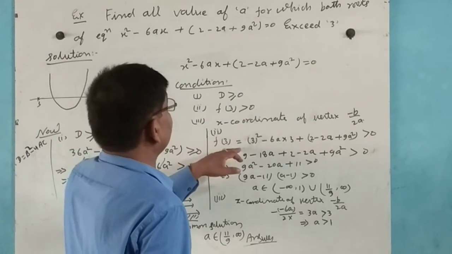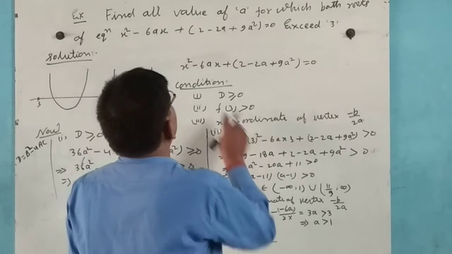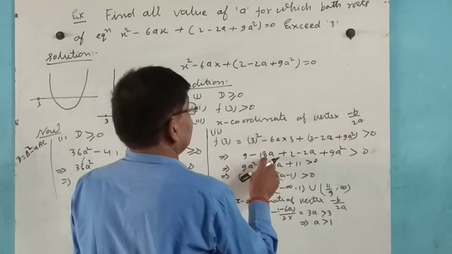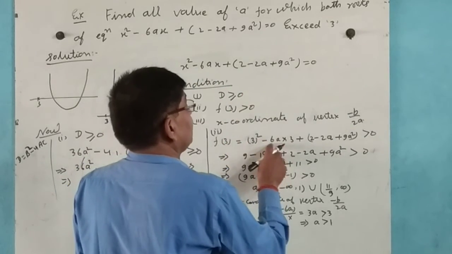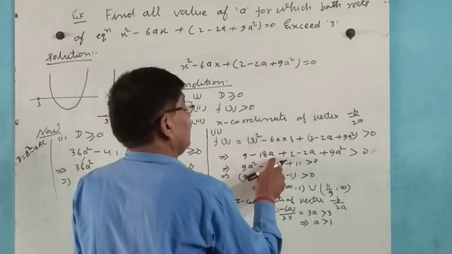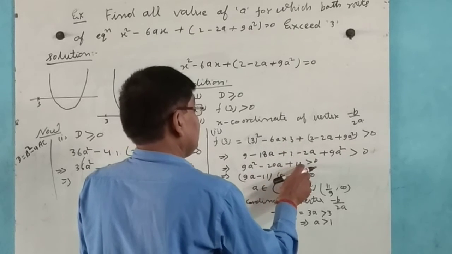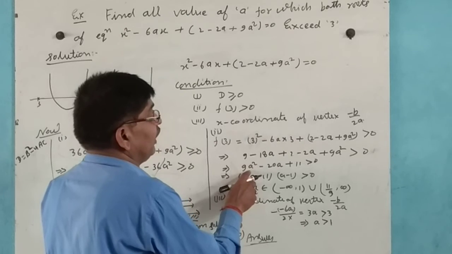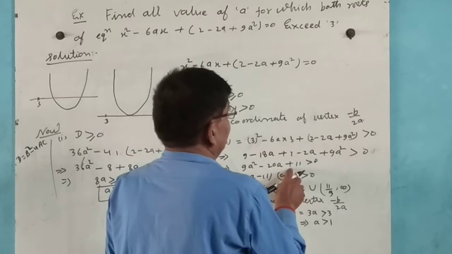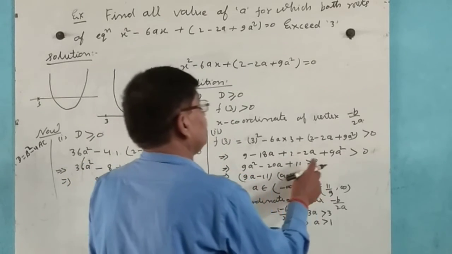3, we get 3 square and 6a into 3, 18a, and here 9a square minus 20a plus 11 greater than 0.